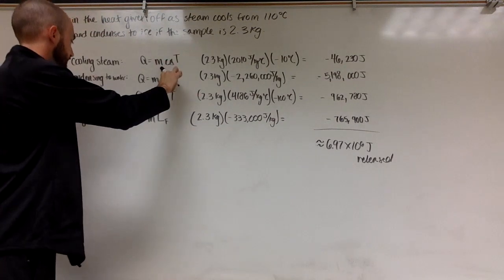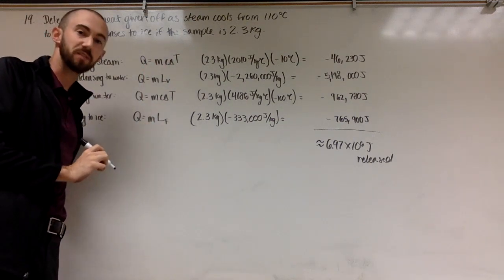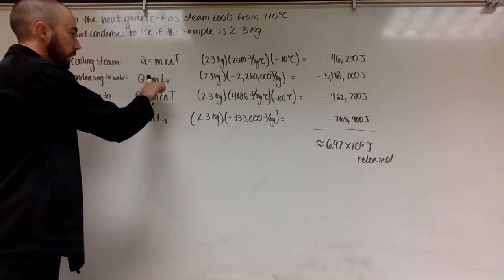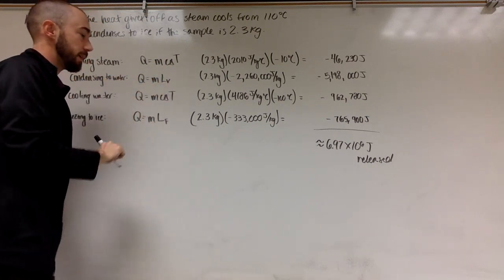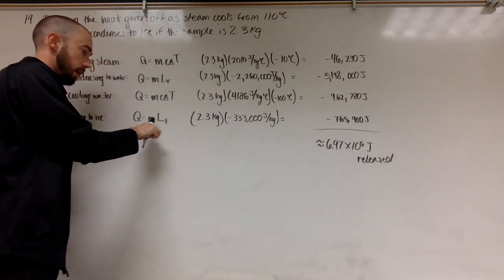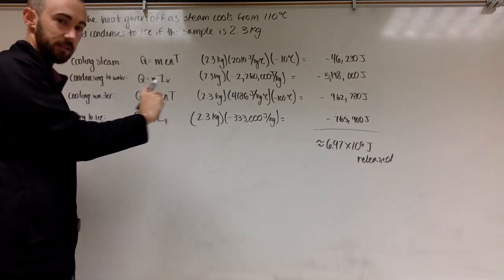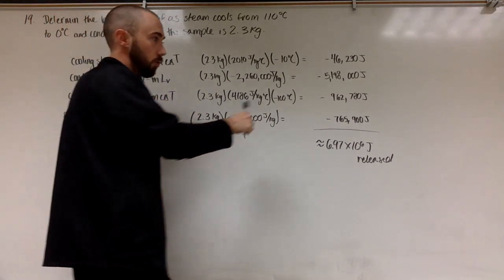All right, so for cooling steam and cooling water, both of these are going to be mcΔT because it's a specific heat problem. There's no phase change. When it's condensing, that's going to be our vaporization, but because it's in reverse, we have to make it negative. And for freezing to water, we have to make it negative because it's in reverse.